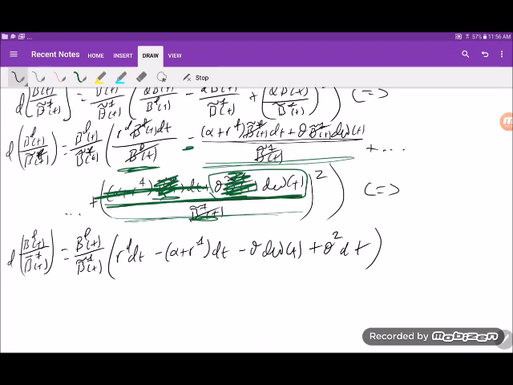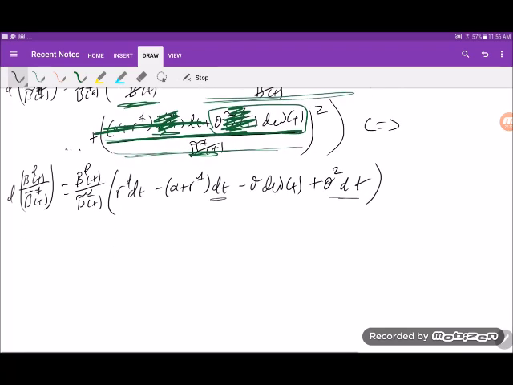So now let's gather like terms. So our dt's, so we're going to have that this is db.